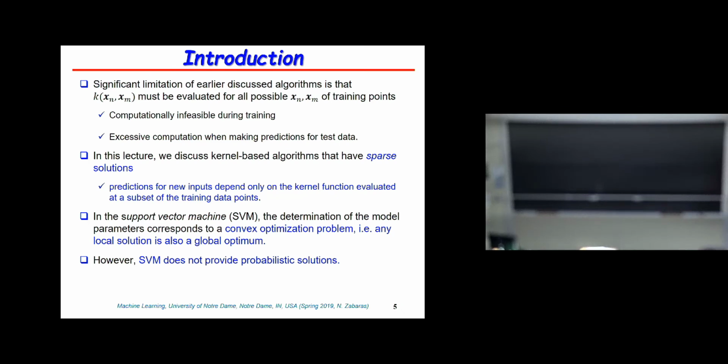Sparse means when you do predictions, you only have to evaluate kernel functions of a very small subset of the training data, the same way as relevance vector machines. The nice thing about SVM is that you get a convex optimization problem that has a unique solution. So it's actually a fantastic exercise for learning things about optimization.